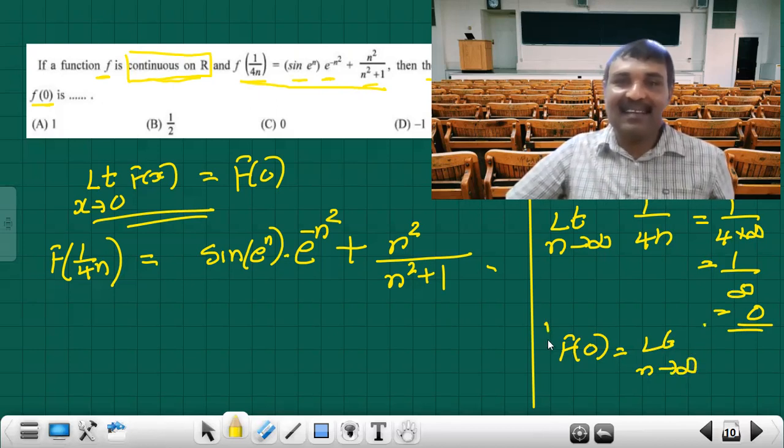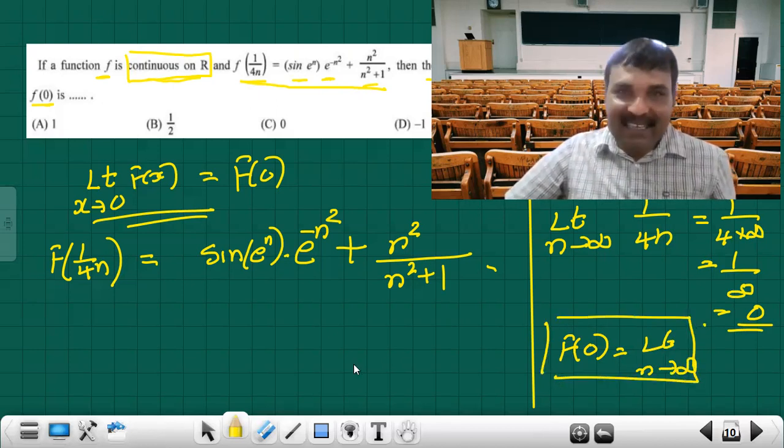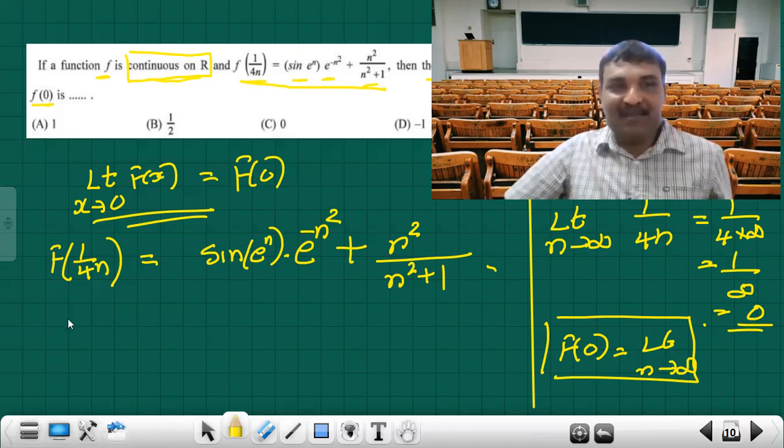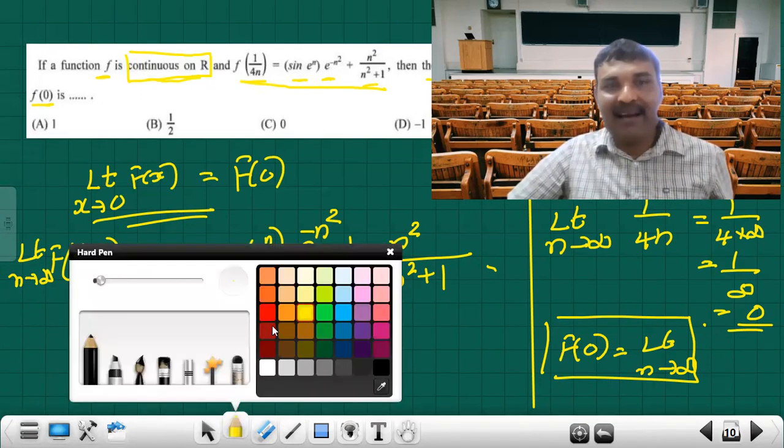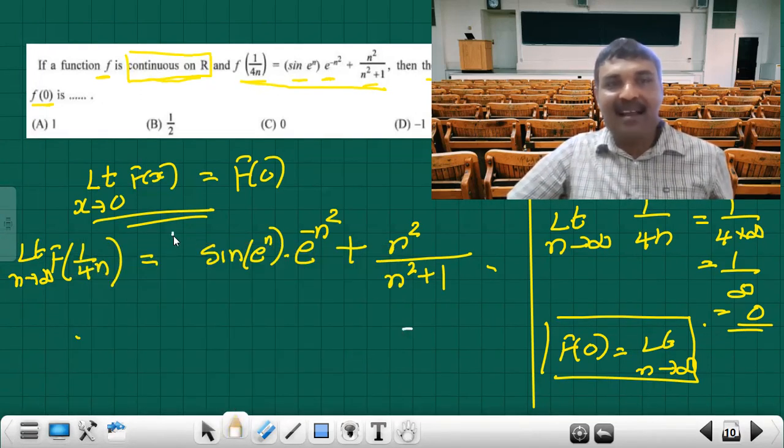This is a trick we are going to apply here. We can apply the limit on both sides. If we do some operation on the LHS, we have to do the same operation on the RHS also. So this term becomes f of 0.